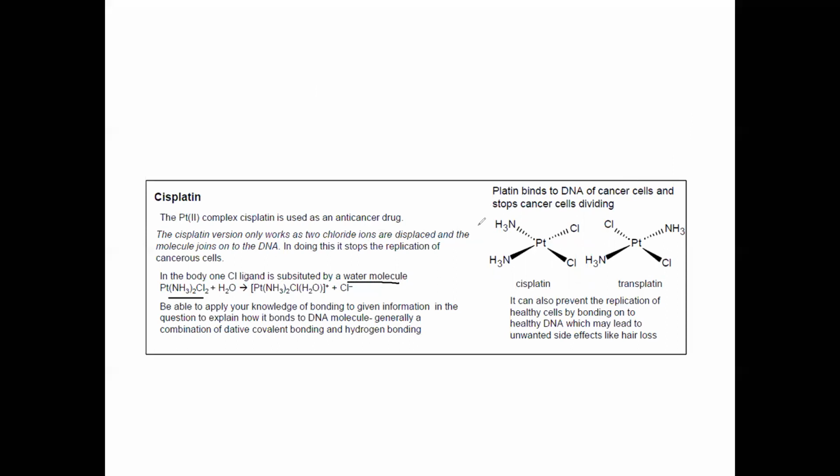You just have to draw the structure of cisplatin and transplatin. So draw the structure for cisplatin and transplatin. You don't have to copy this part, only copy this part. And the equation.